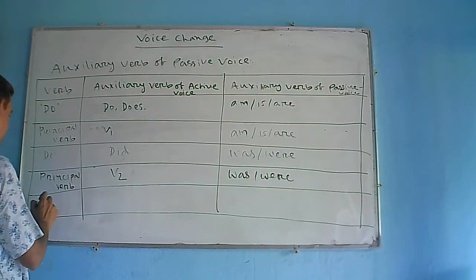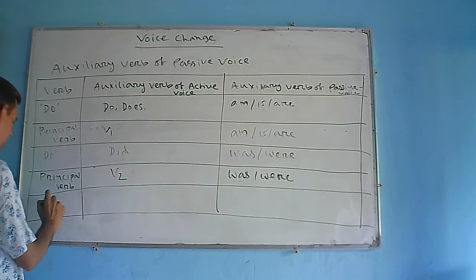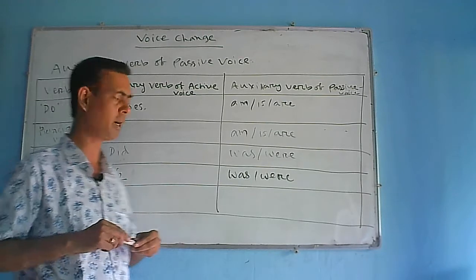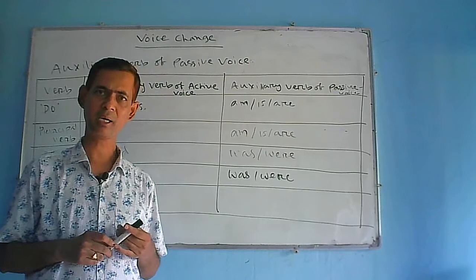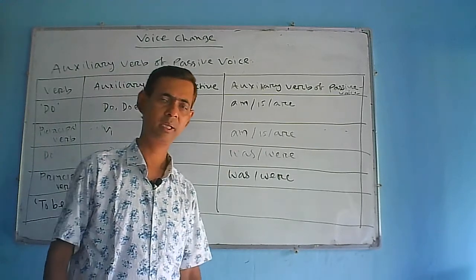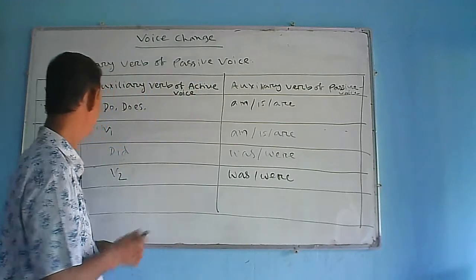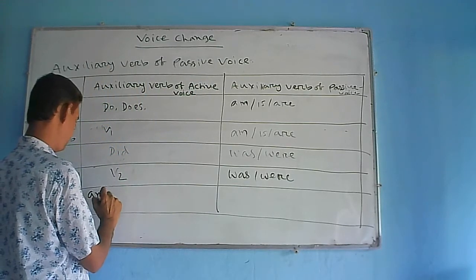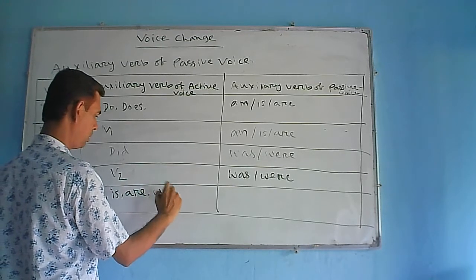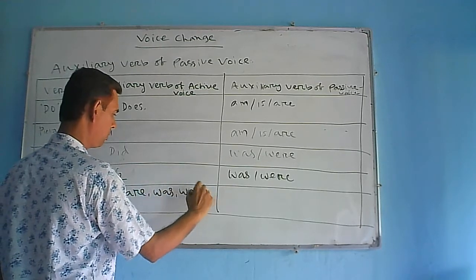Then, to be verb. You have to remember what are the to be verbs. To be verbs are am, is, are, was, were.